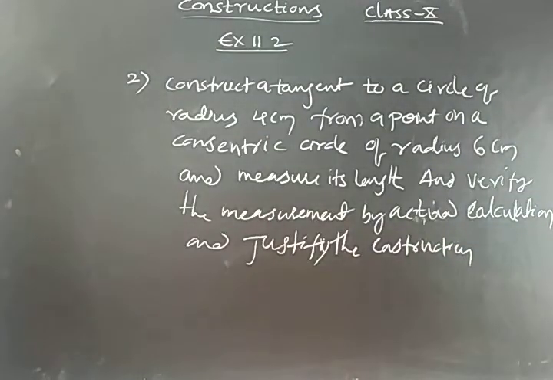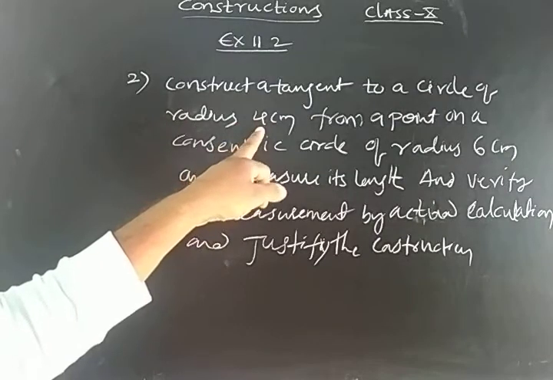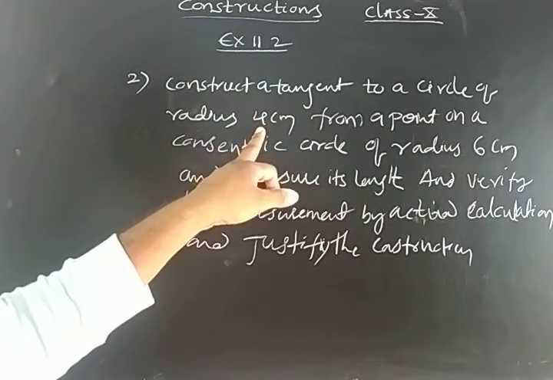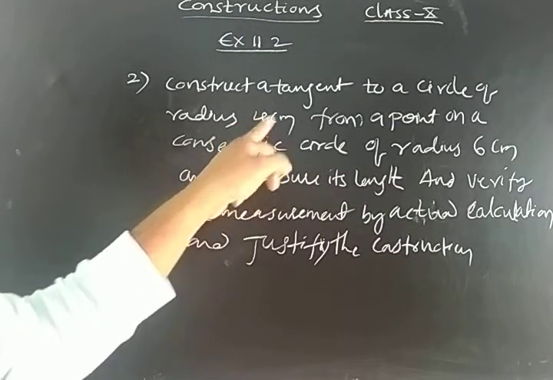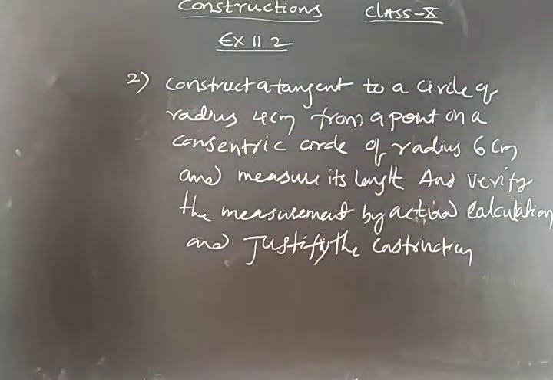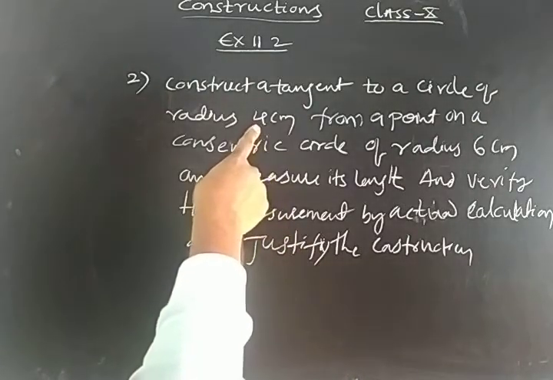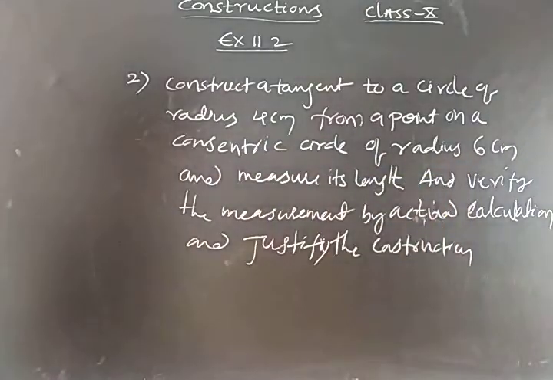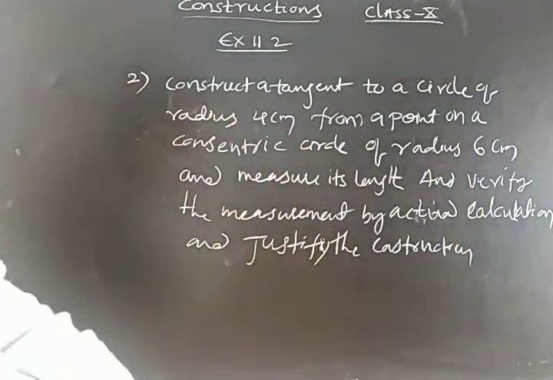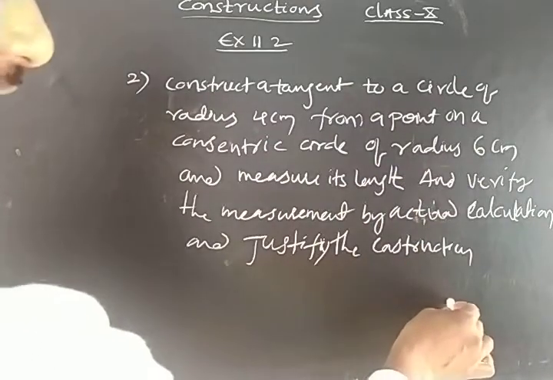See here, we have to construct the tangent to a circle of radius 4 centimeters. So first we have to draw a 4 centimeter circle, right? From a point on a concentric circle of radius 6 centimeters. Again we have to draw a concentric circle. Concentric circle means the center should be the same. So one circle having the radius 4 centimeters, another circle having the radius 6 centimeters. Using radius 6 centimeters with the same center, you have to draw another circle like this.